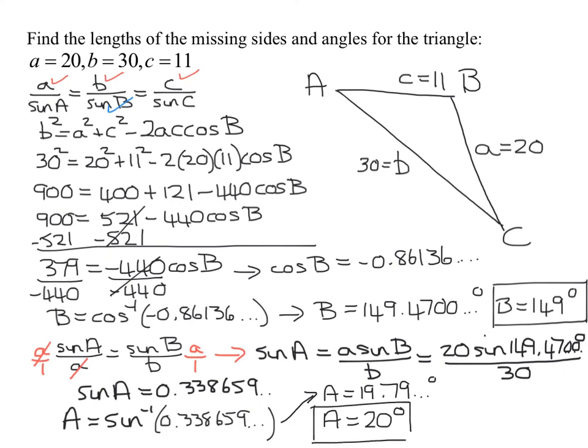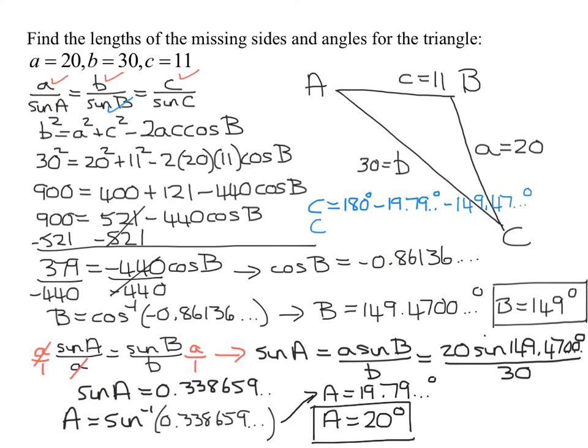And now if I want to find the third angle, I'm going to do it by adding up all the angles and subtracting them from 180. And I've kind of run out of room here. So let me write it up here that I know that angle C is going to be 180 minus angle A, which was 19.79, minus B, which was 149.47.